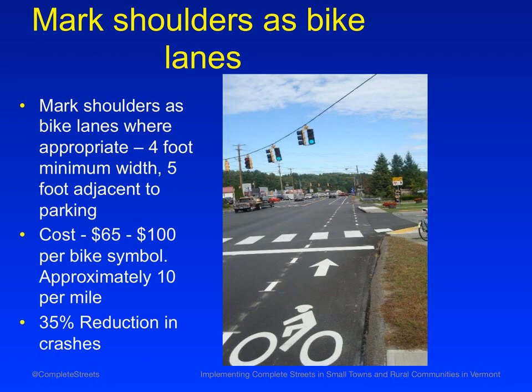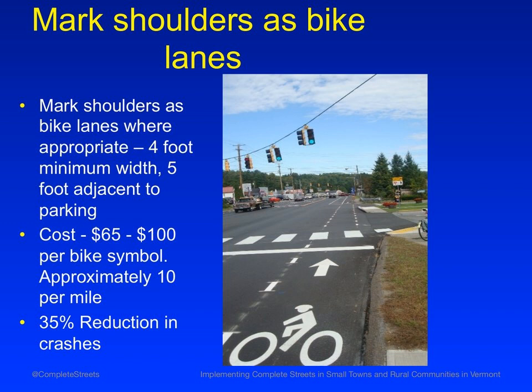And then if you have enough width and it's more of a built-up area, then marking the shoulder as a bike lane, if you have 4 feet or 5 feet if it's next to on-street parking, and putting in these bike symbols really indicates to bicyclists, here's your space on the road.